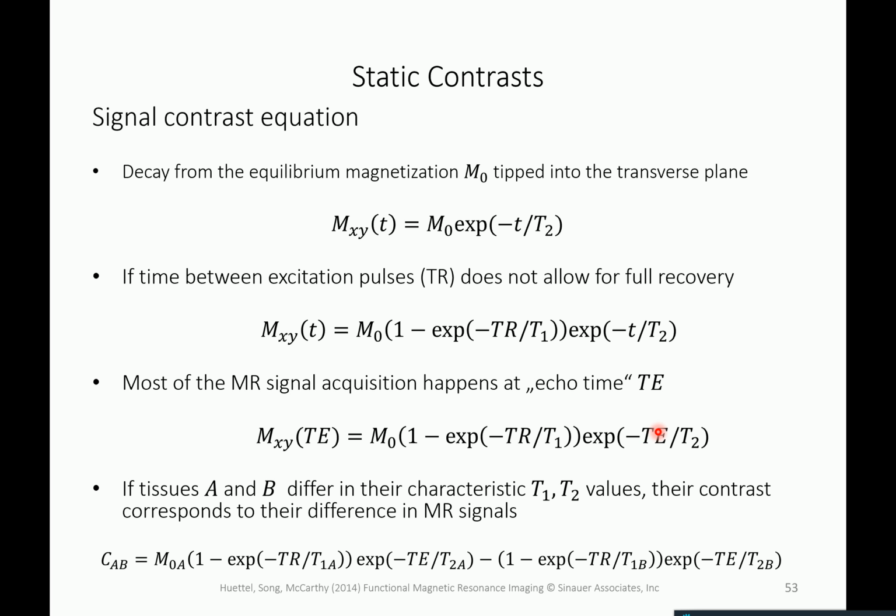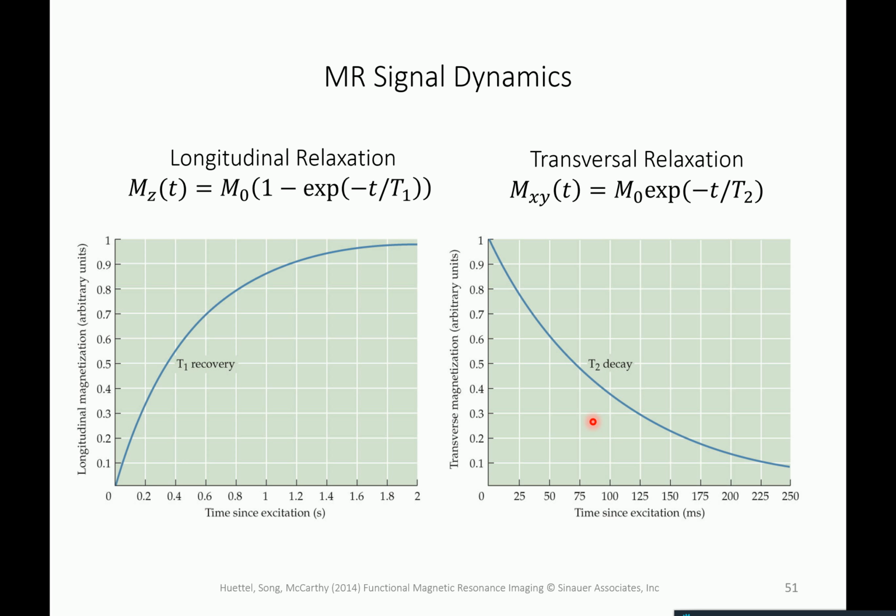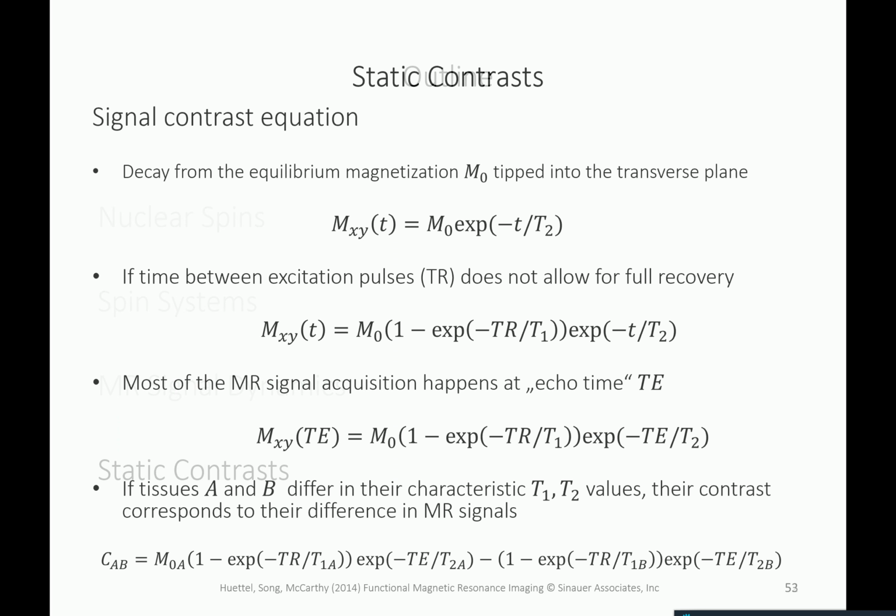So you can say, okay, I want to send excitation pulses every 3 seconds or every 1 second, and you can also choose when you induce this echo and what your corresponding echo time is. So you also see this in these papers. Usually it says something like echo time 80 milliseconds. This refers to these 80 milliseconds here. So these you can influence as an experimenter, TR and TE.